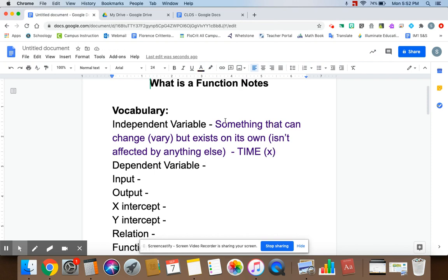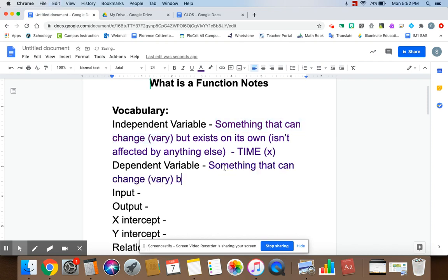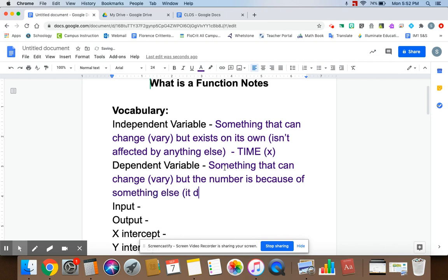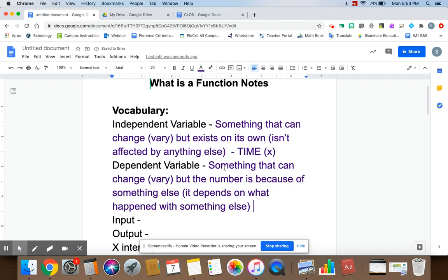So then dependent variable is still something that can vary, it can change, but the number is because of something else. It depends on what happens with something else. Another way to think about it: if it's dependent, it's because it's depending on a different thing for it to exist. For example, in math, the big one is amount.